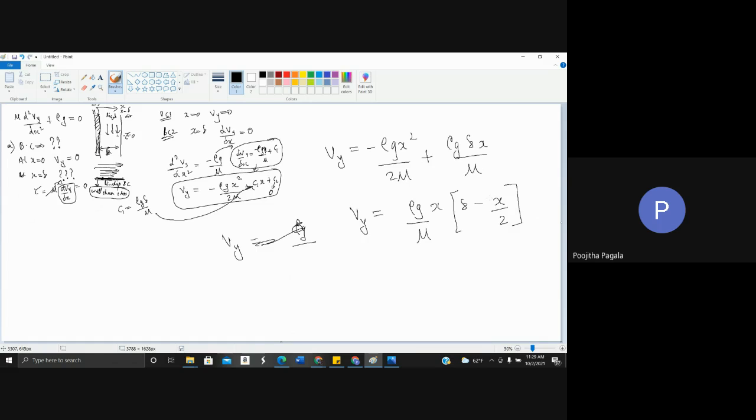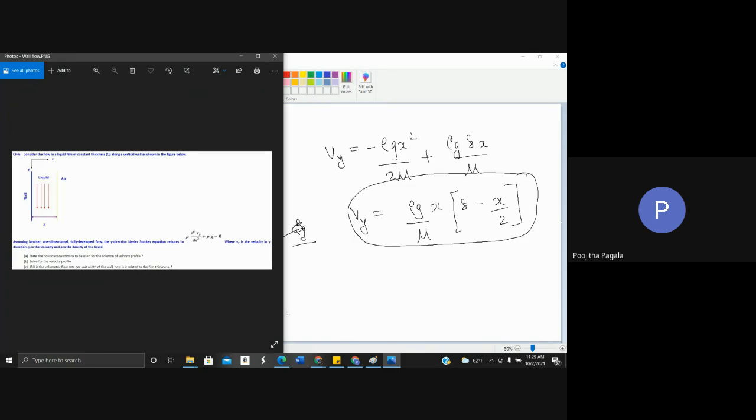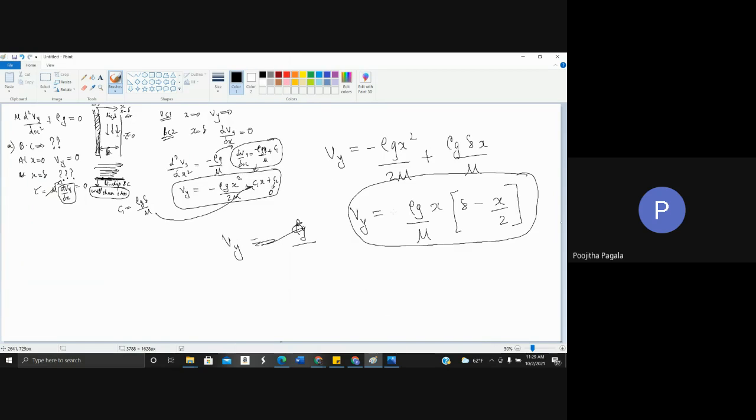This is the equation we are going to have. This is the velocity profile. Understood? How these types of problems can be solved? All these arrive from the Navier-Stokes equation. Check this velocity distribution once. Does this look correct or is there any mistake?